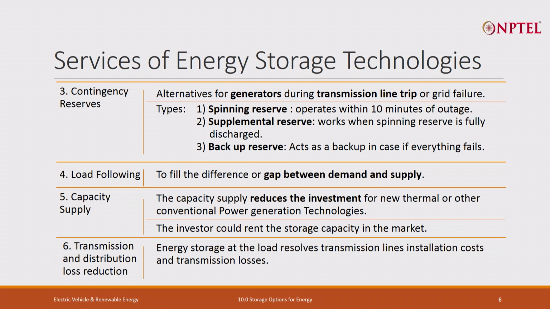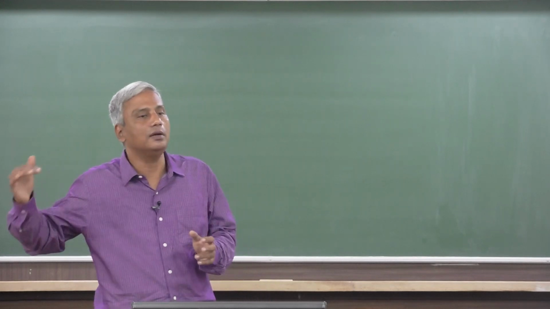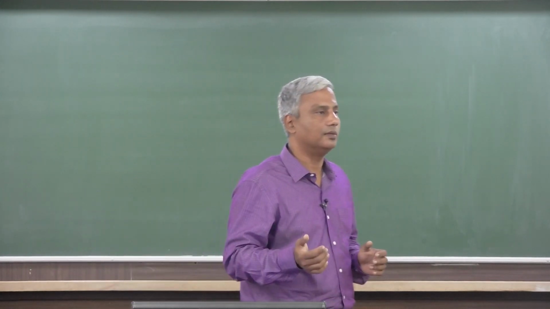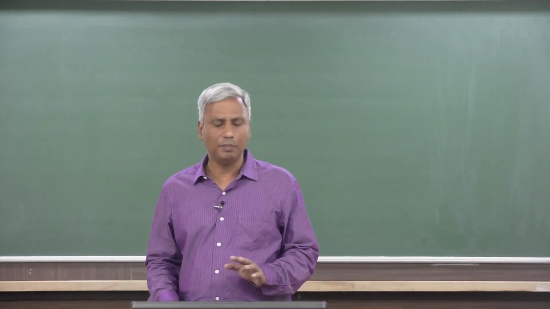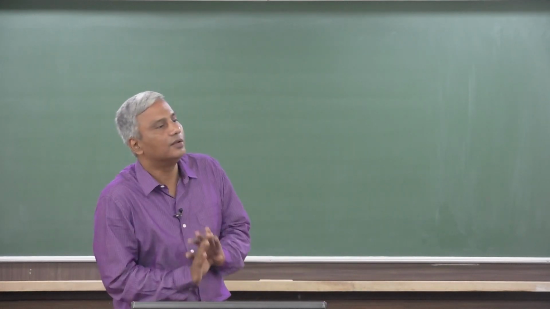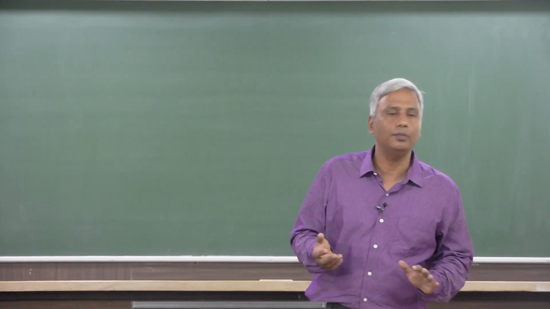What you see is the time to react. The time to react for a spinning reserve is very small; the response time is very, very small. When it has responded, in parallel you start working on the supplementary reserve so that it can be brought in. And then there is the backup reserve, so that when there is no power, it should still be able to serve you for a longer duration.